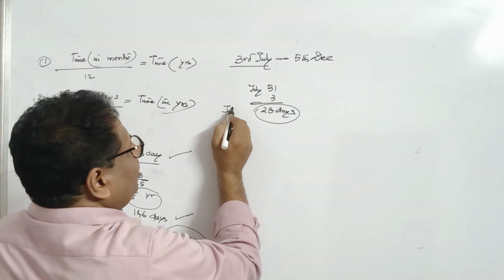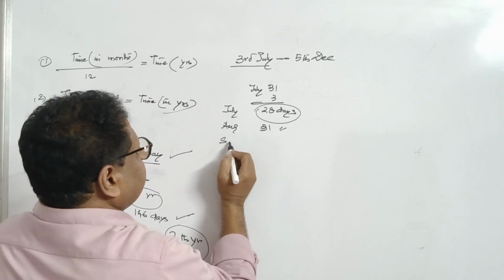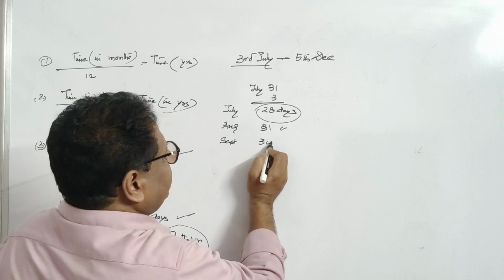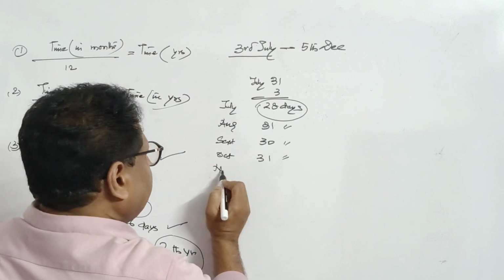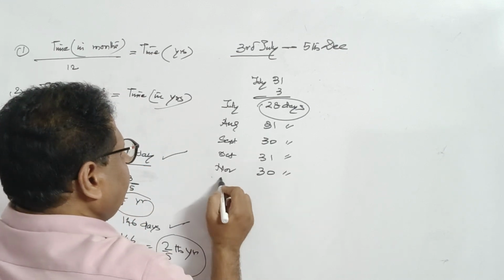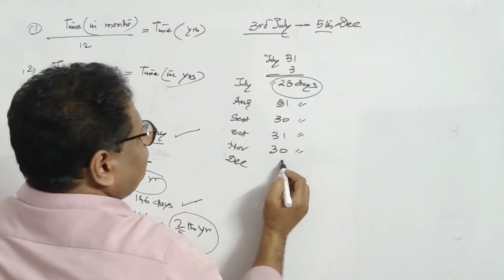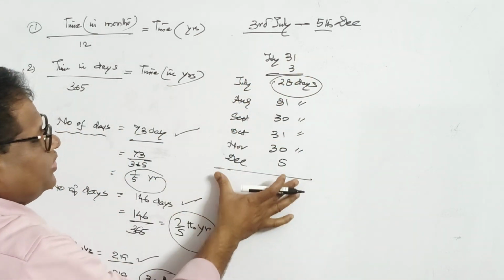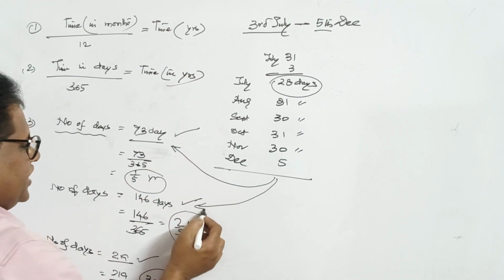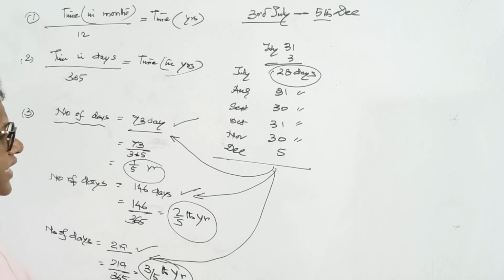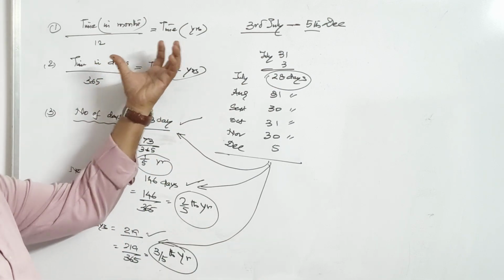Then comes August, which is 31 days. Then September, which is 30 days. Then October, 31 days. November, 30 days, and for December, whatever is the last date, 5th of December means up to 5 days the interest will be chargeable. So in this way you have to count the number of days. This number could be either 73, or 146, or 219. So this is how you have to handle the time questions.